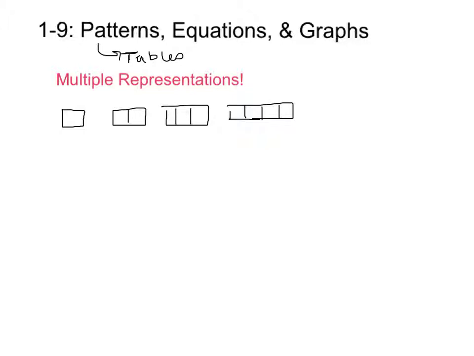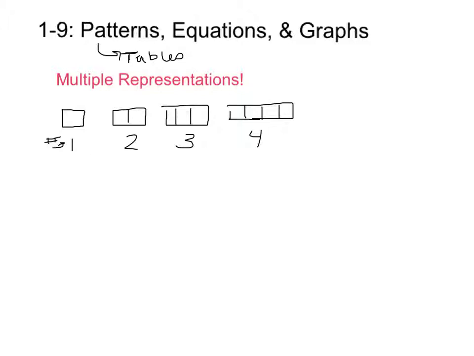So I can look at the blocks and say, okay, if this is figure 1, this is figure 2, this is figure 3, this is figure 4. What is the representation between the number in the sequence or series and the number of blocks?